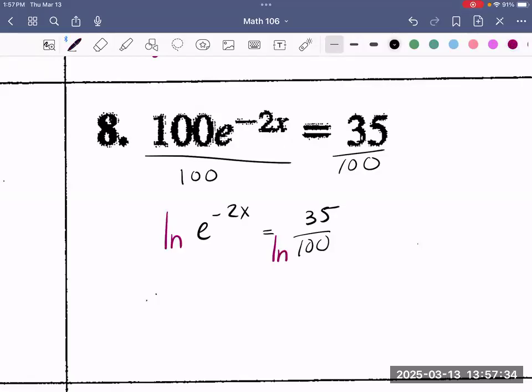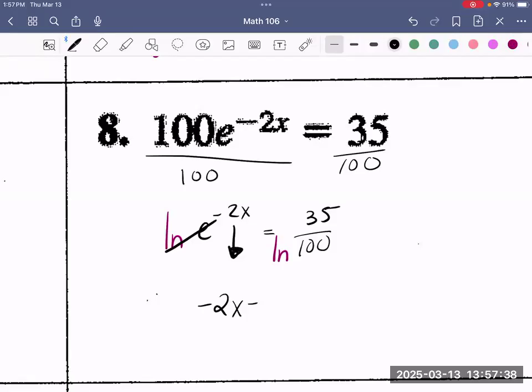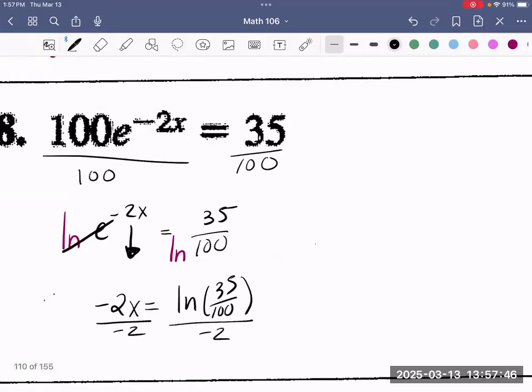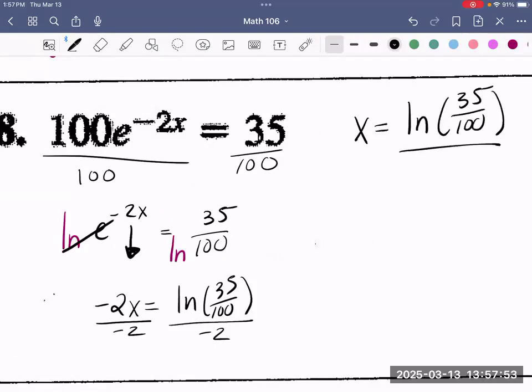What that allows us to do is this cancels and drops your negative 2. So we have ln of 35 over 100. Then we can solve for x, so divide both sides by negative 2. So x is equal to ln of 35 over 100, over negative 2.